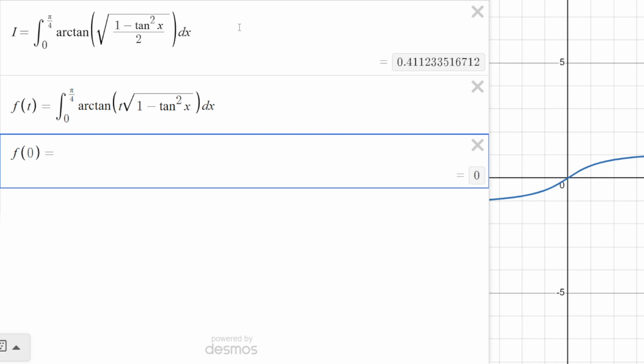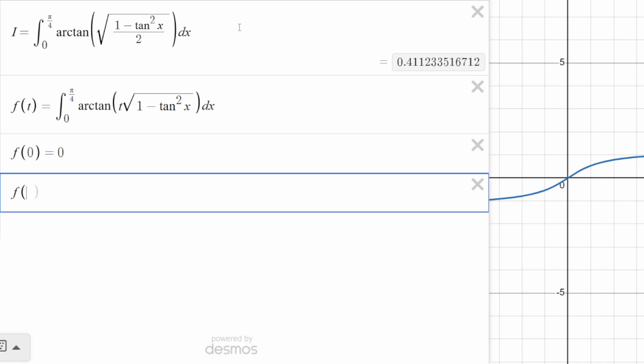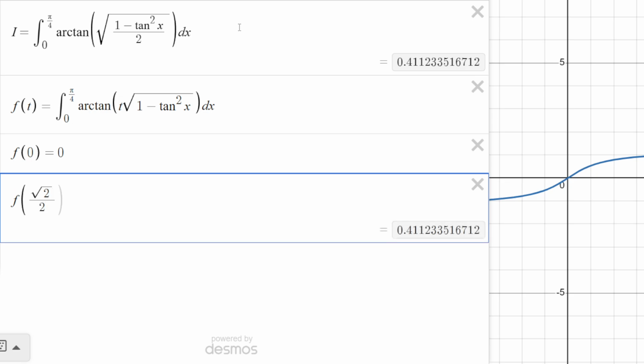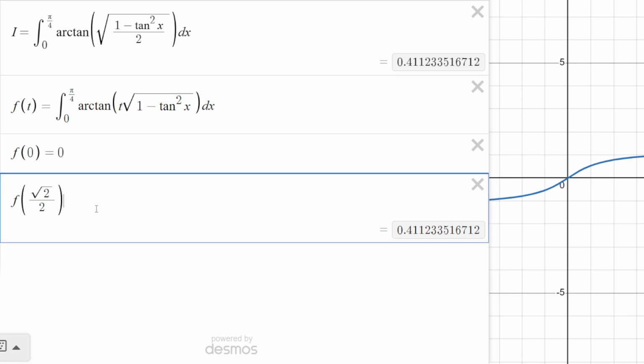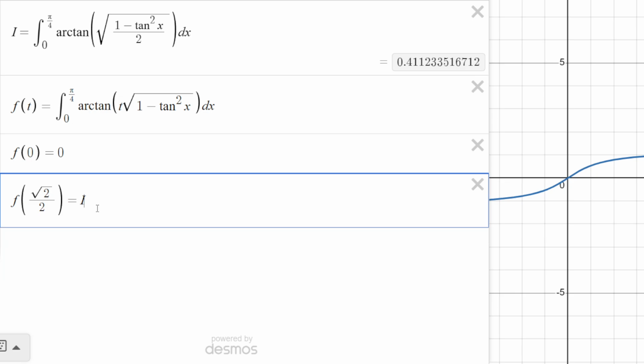So f of 0 is equal to 0. And if we evaluate it at square root of 2 over 2, we're going to recover our original integral. If this t right here was square root of 2 over 2, that's just 1 over square root of 2, and that goes right inside the square root as a 2. All right, so we can say that f of square root of 2 over 2 is equal to I.